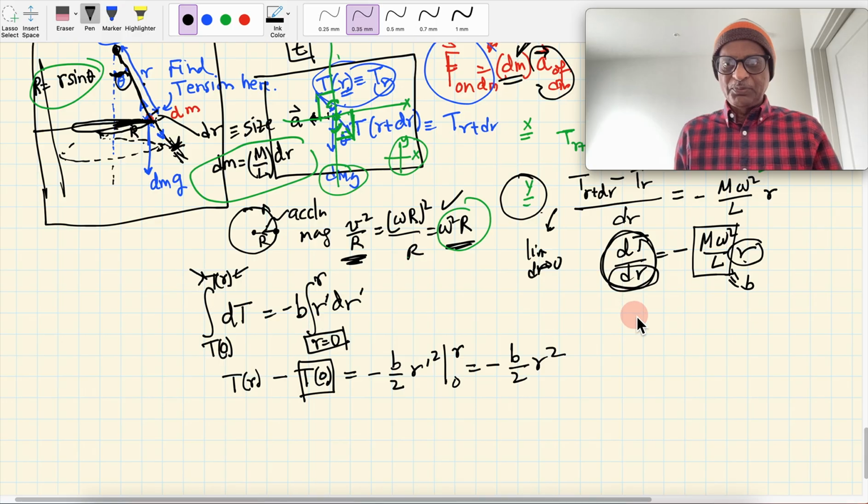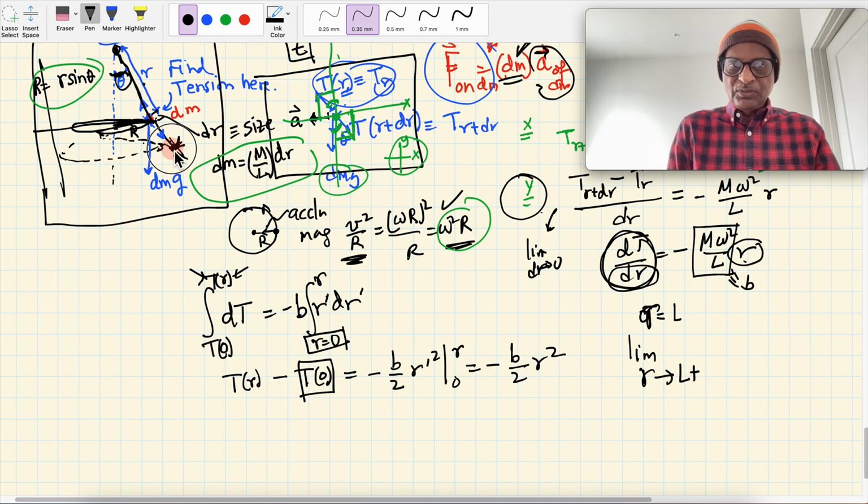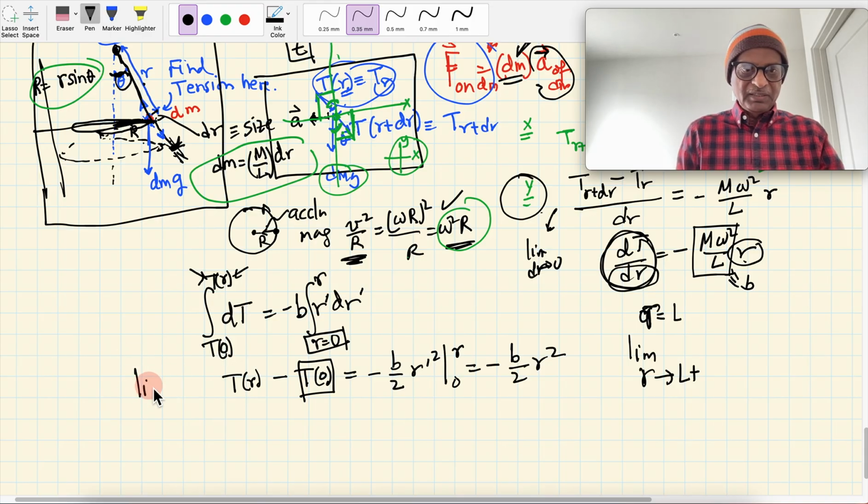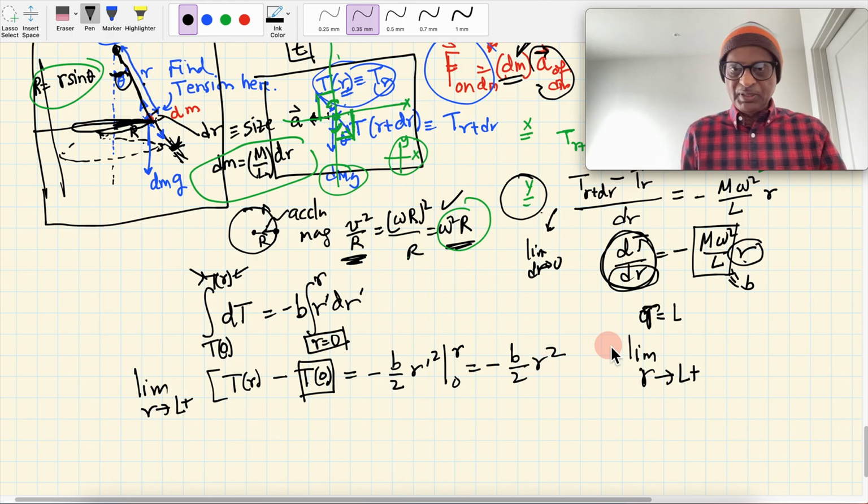So if this is true also at r equals L, then the limit coming from L plus, going from this side to get to the end, must be the same as that.